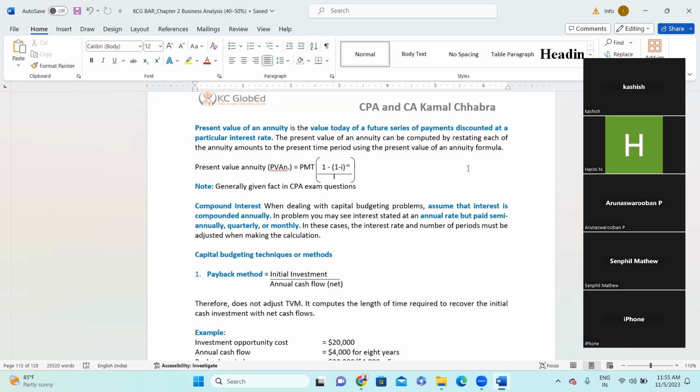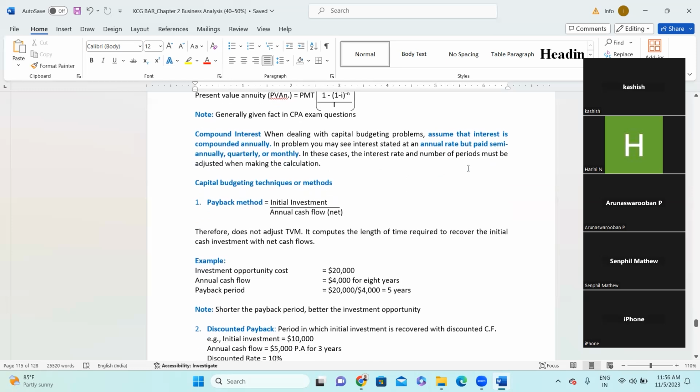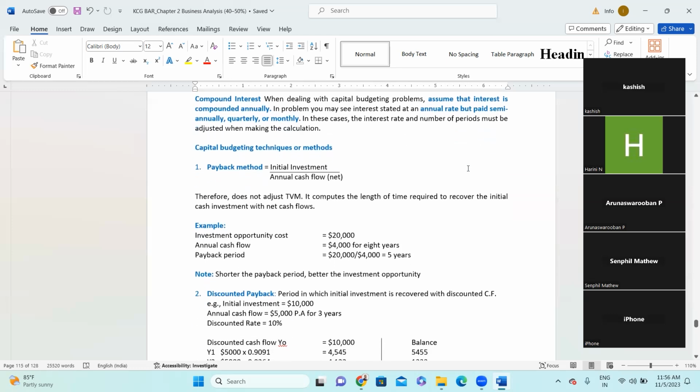Compounding interest. When dealing with capital budgeting problems, assume that interest is compounded annually. That means when you are doing capital budgeting, it is a basic assumption that interest is compounded, not the monthly, quarterly, semi-annual or annual interest which is payable.